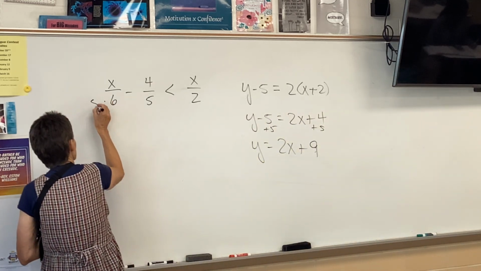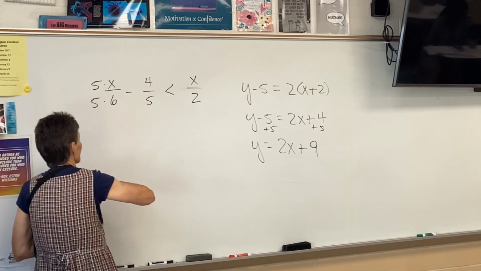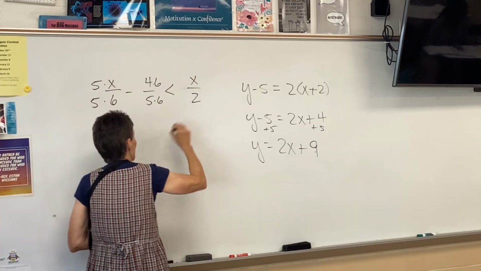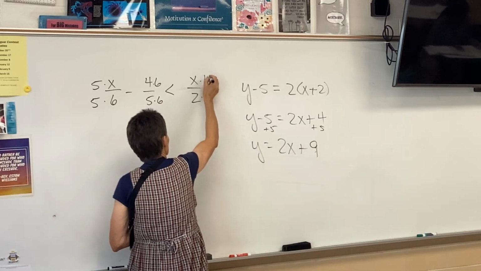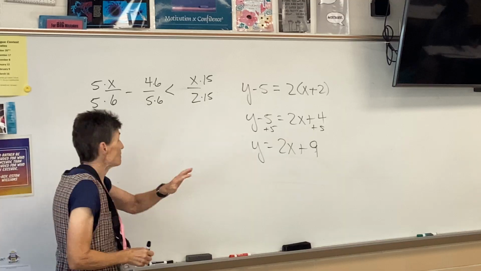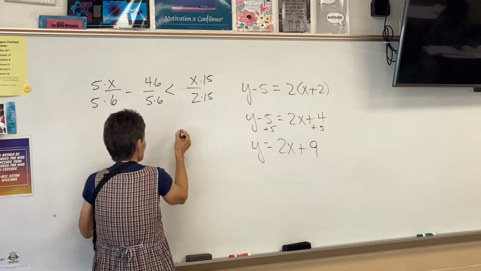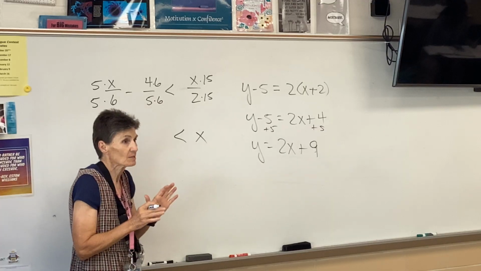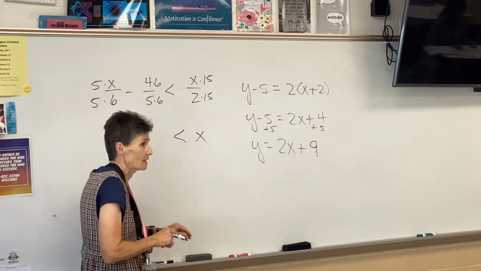So this one needs a 5. This one needs a 6. And this one needs a 15. Now remember, boys and girls, even if you have a plain number, like if this had just been plain x, it still has to have the denominator. Everything has to have the denominator.